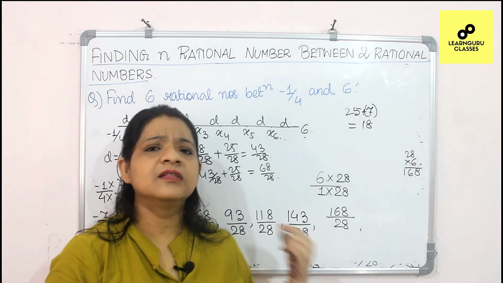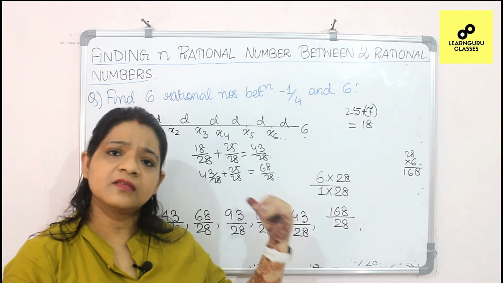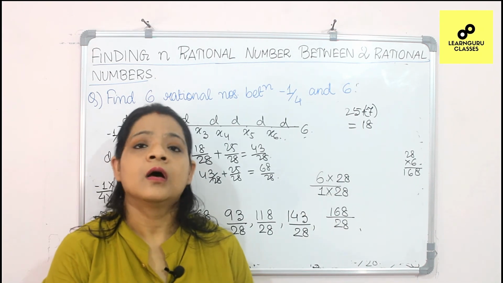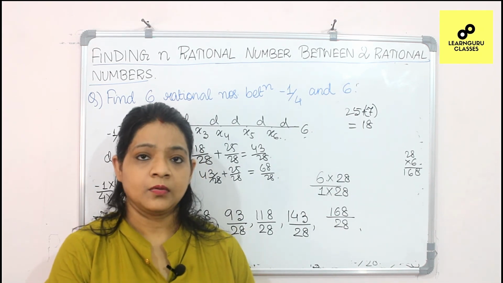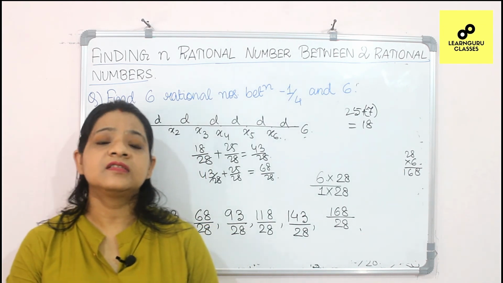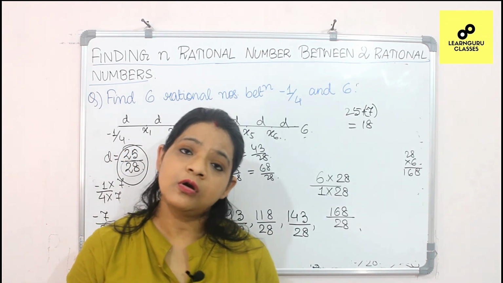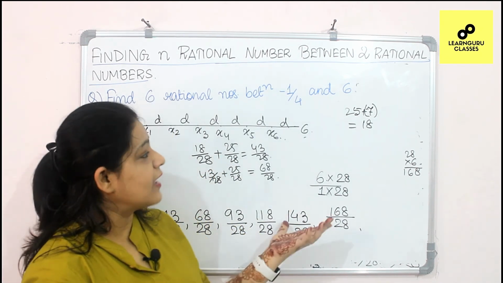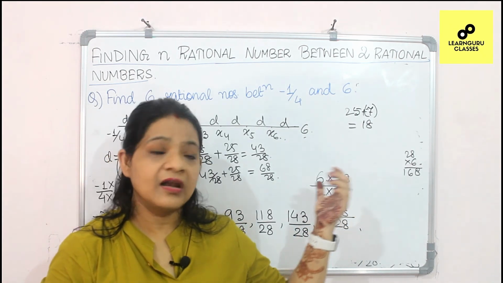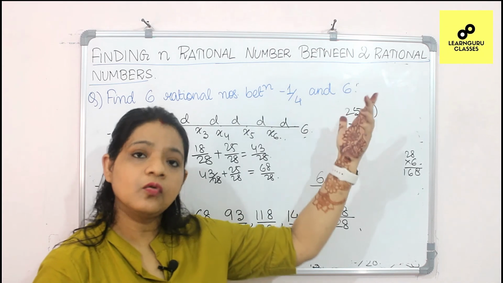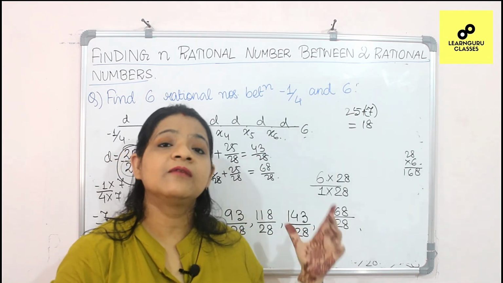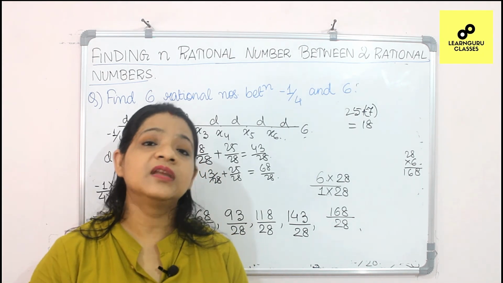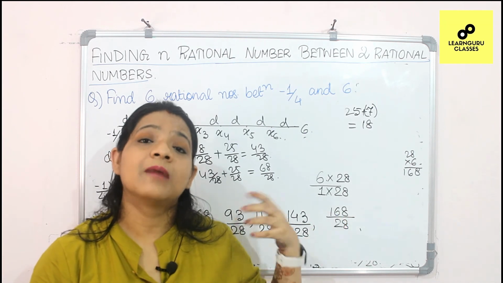So this sum is a little bit complex, but not that much. If you know the method and if you have patience for the calculations, you can easily solve this sum. I hope this type of sums are clear to you. I have shown you both the second and the third method. In both methods we are adding 25 by 28. But in the previous sum the numerator was 1, so the calculations were much easier.